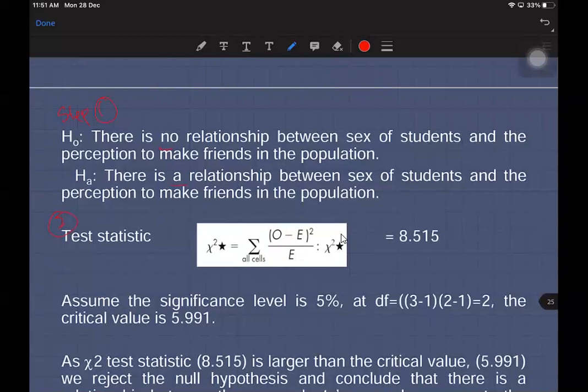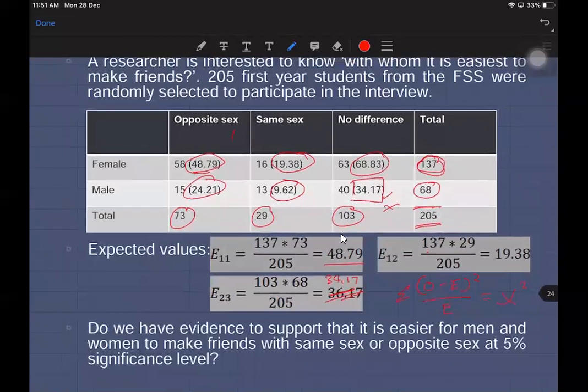Then step number 2. After you calculate the example here, the test statistic value is 8.515. Assume the significant level is 5% and the degree of freedom: 3 columns here and 2 rows.